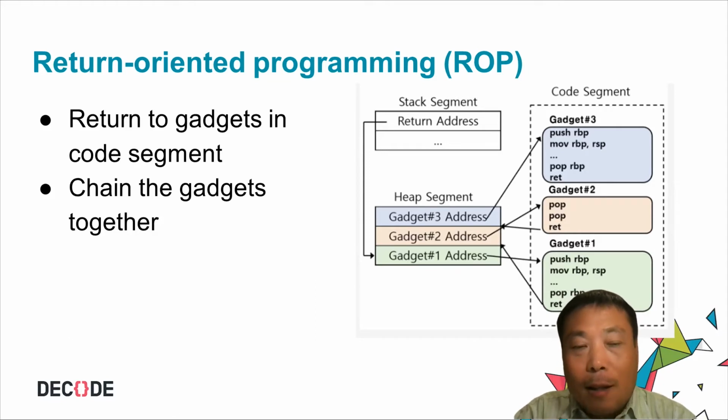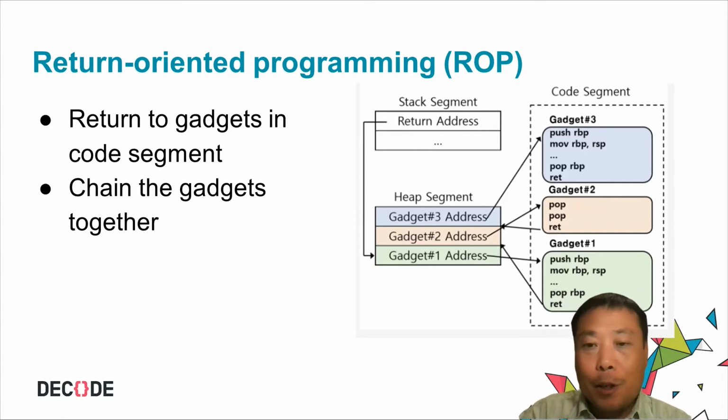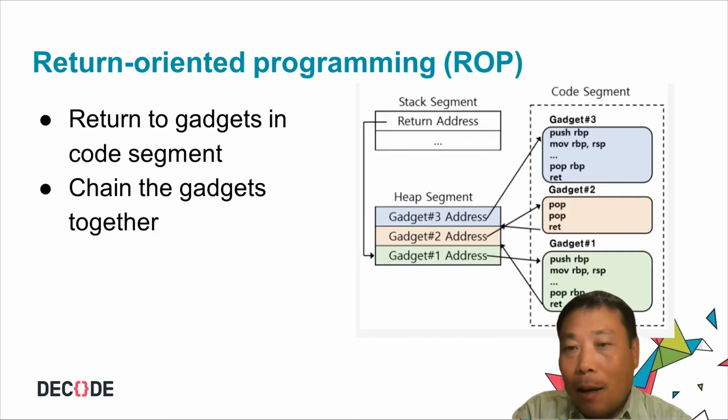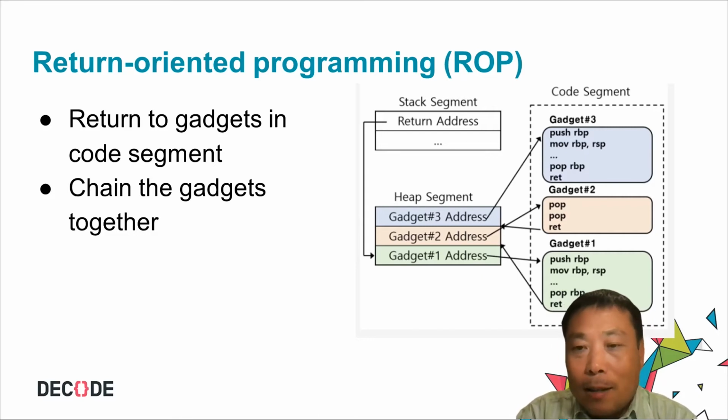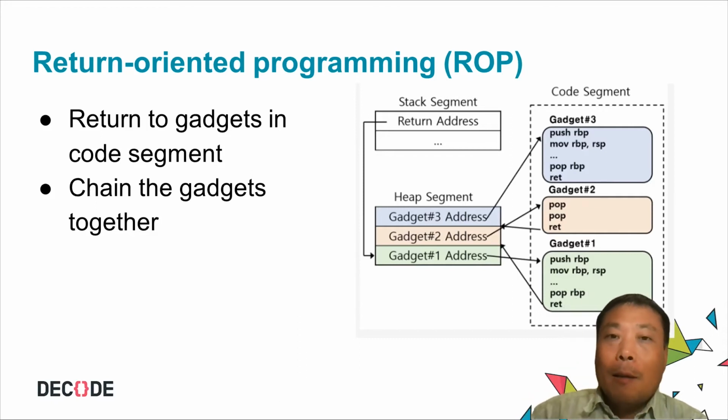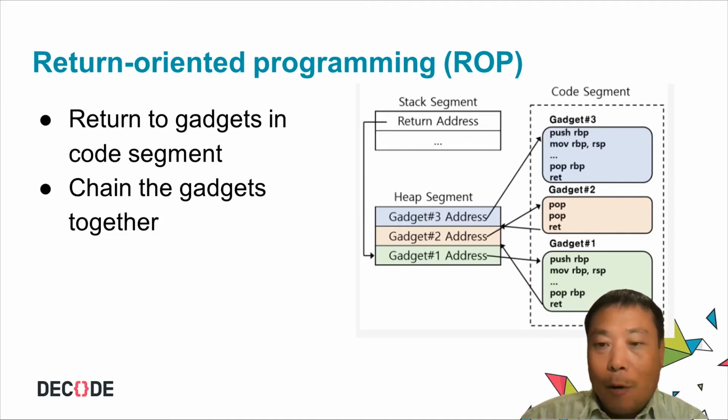If we can chain these gadgets together and do it carefully, we can achieve some goal. We can make something happen, like we can call a system function and mark the heap as executable, so that we can run our shellcode.